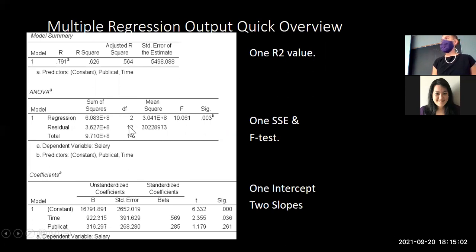Now we have 2 degrees of freedom, because in our restricted model, we have 1 degree of freedom, and in the full model, we've used 3. Intercept, slope 1, and slope 2. So that's why we have 2, because it's the difference between the 2. Now, for our coefficients box, instead of getting just 1 predictor, 1 slope, now we have 2 slopes. 1 intercept and 2 slopes.